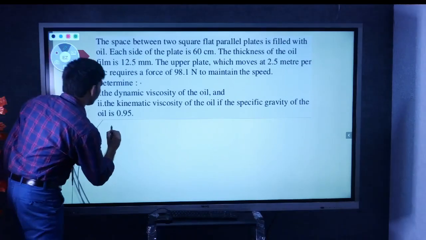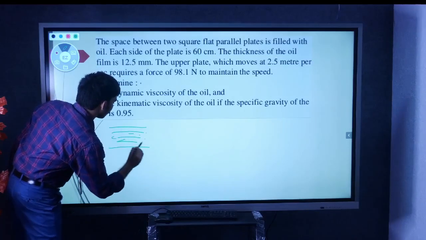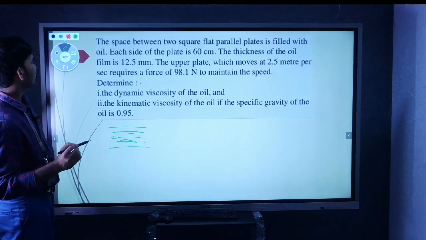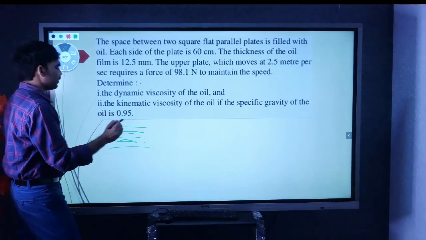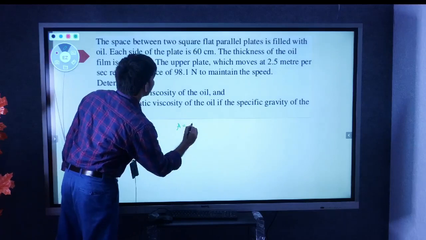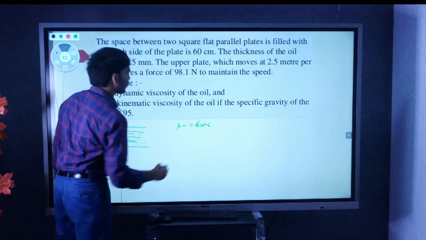Each side of the plate is 60 centimeter, so it's a square plate, right? So area will be 0.6 into 0.6. You can calculate the area.